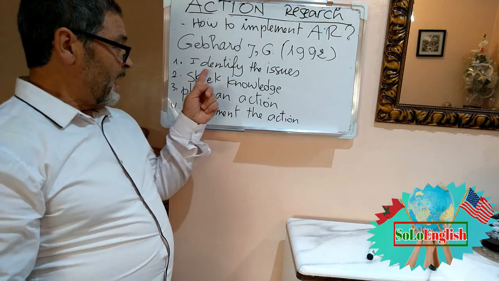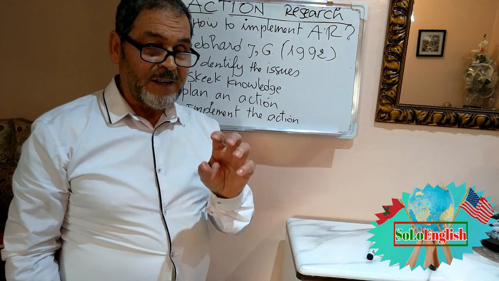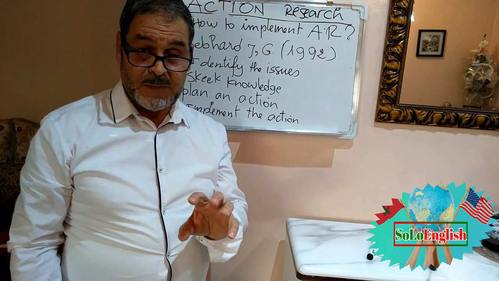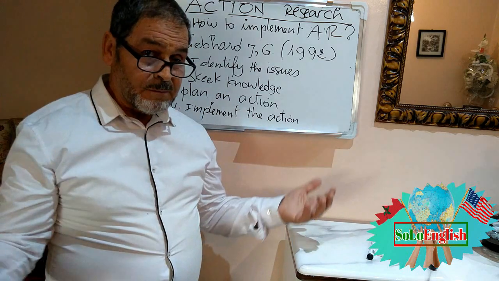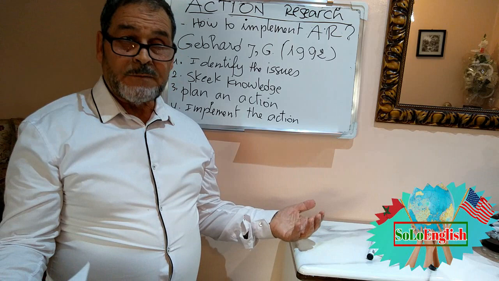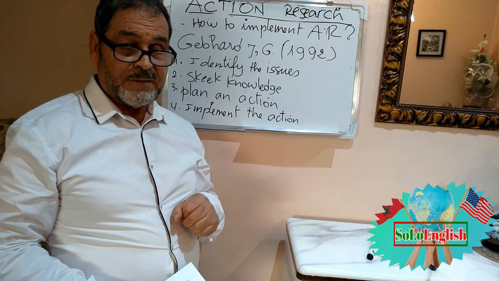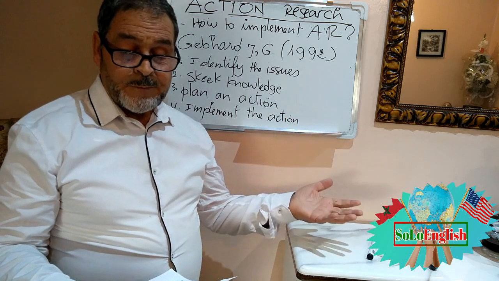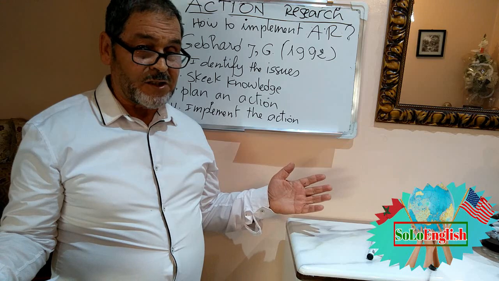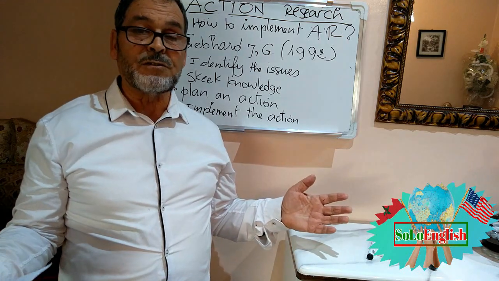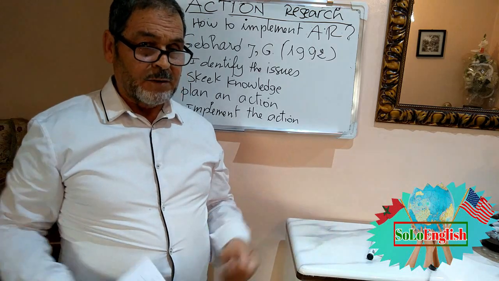First one is identify the issues, or identify the problems I have in my classroom, or maybe there are common problems in the classroom. So for example, let's explain the first one. To identify the issue, maybe we have students' reading strategies. For example, my students don't read, they can't read, and I'm going to seek why they don't read.